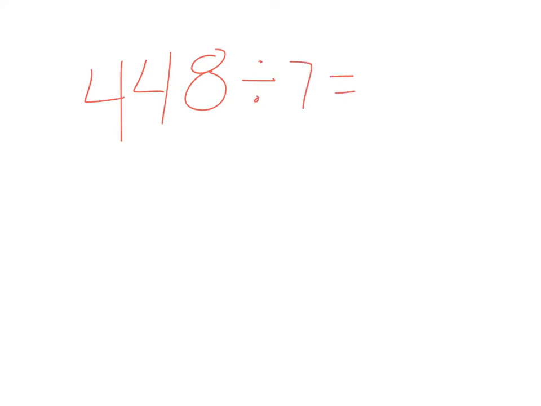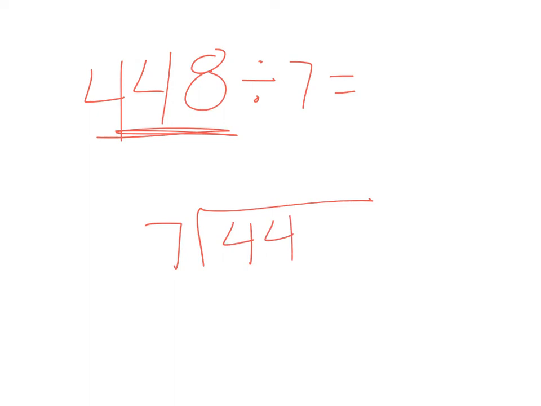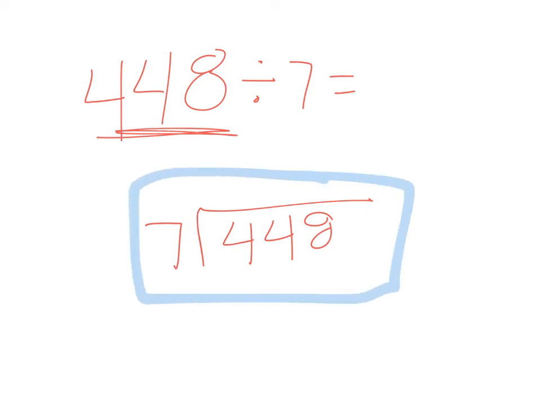Now, the first thing you want to do to help you solve this problem is write it in a way that we're more familiar with. So remember, our bigger number always has to go on the inside of the division sign. So our 7 goes on the outside and our larger number goes on the inside. So please make sure that you are rewriting your problems to look like this.